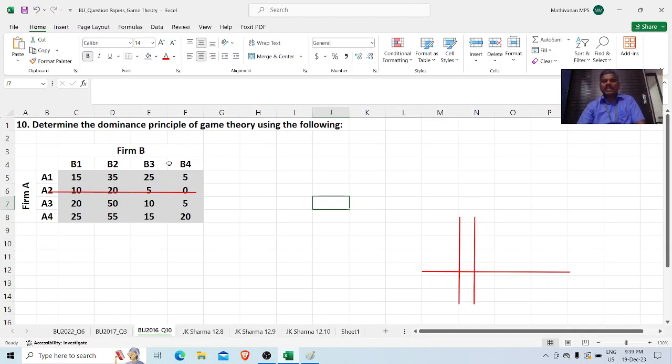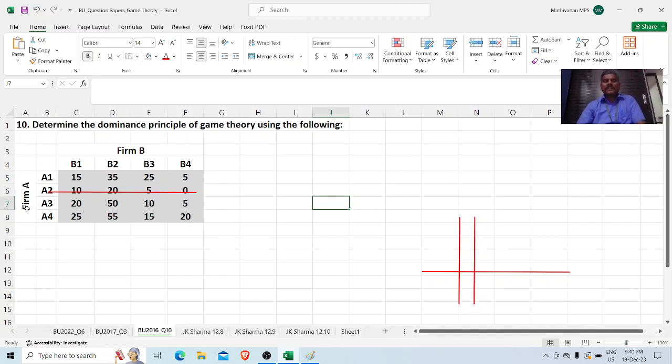When firm B uses the fourth strategy, the gains by using strategy A1 and A3 are the same. In the first two cases, strategy A3 yielded better gains. In the third case, strategy A1 resulted in better gains, but in the fourth case, both resulted in the same gains. So that means we cannot conclude either A1 or A3 dominates the other strategy.